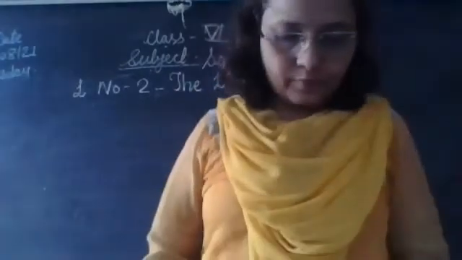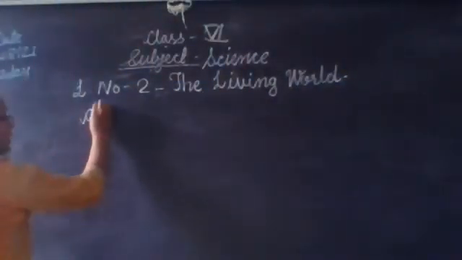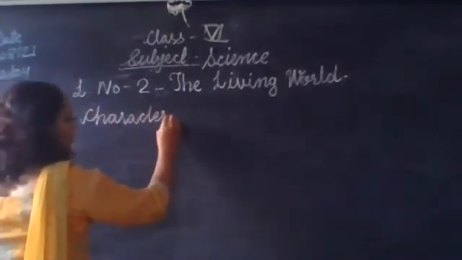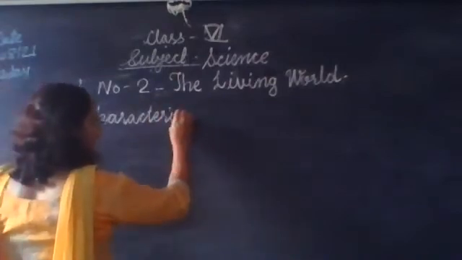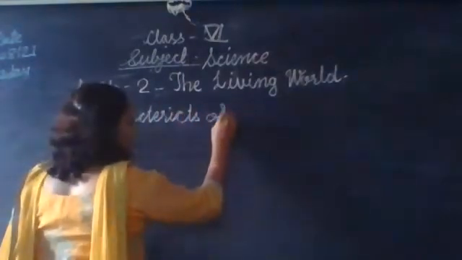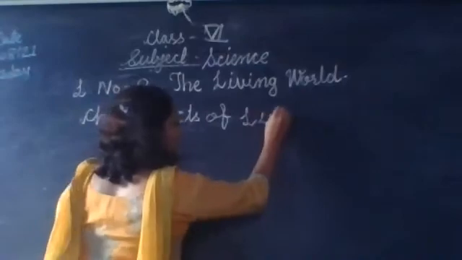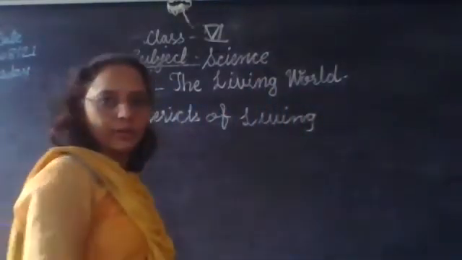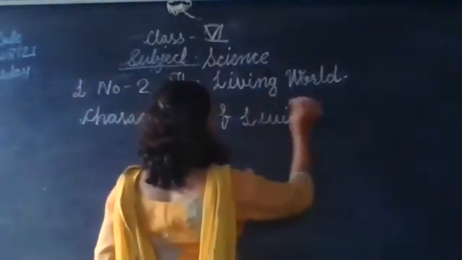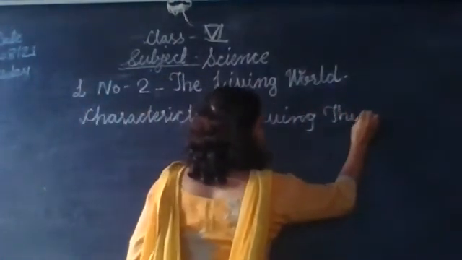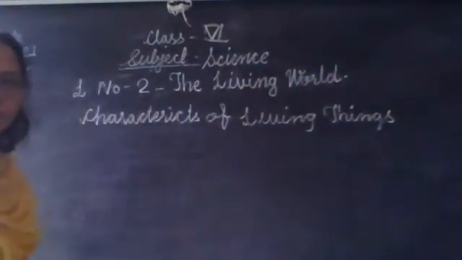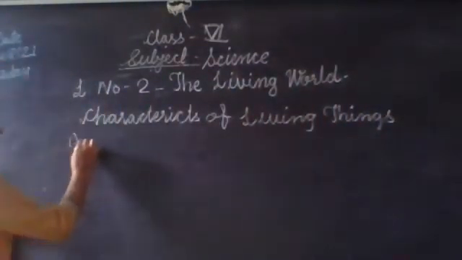The first characteristic feature is growth. Characteristics of living things. First is growth.